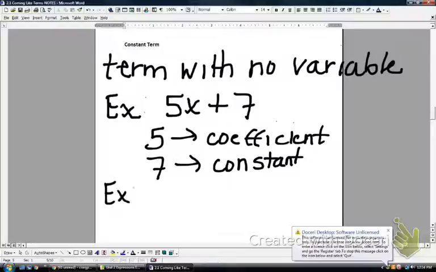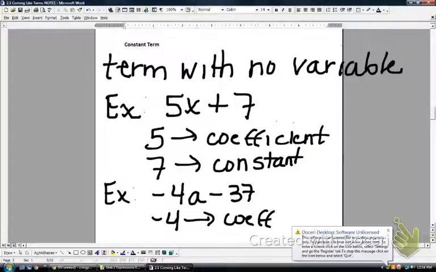Let's look at another example. So in this example, -4 is my coefficient, and -37 is my constant.